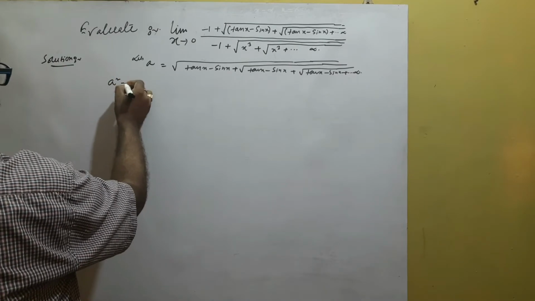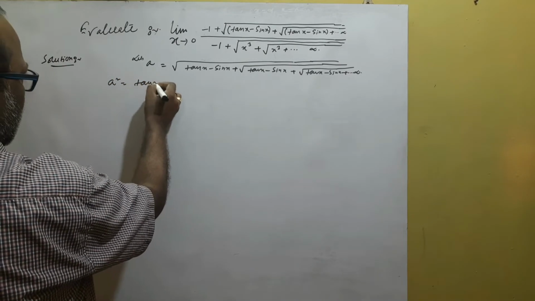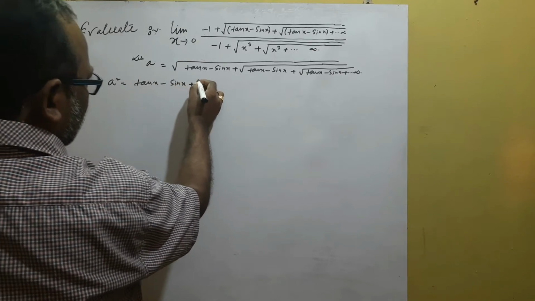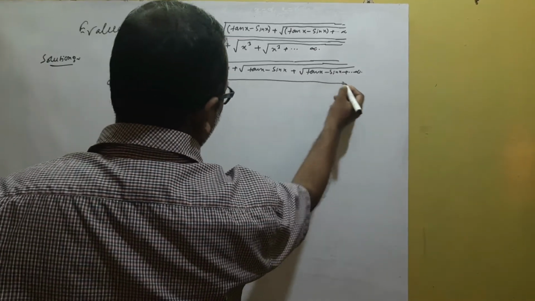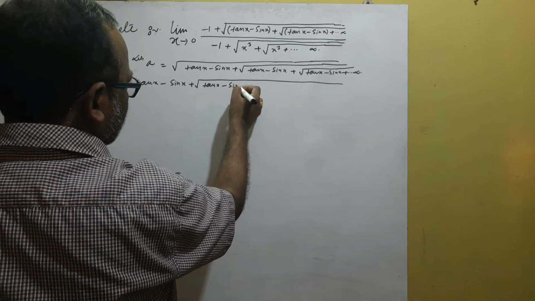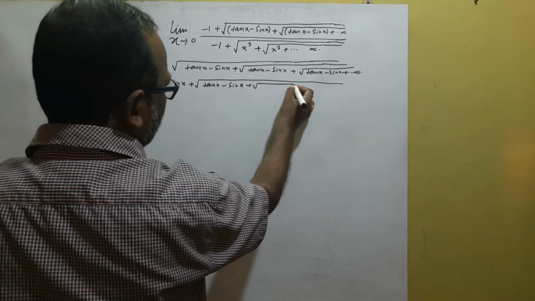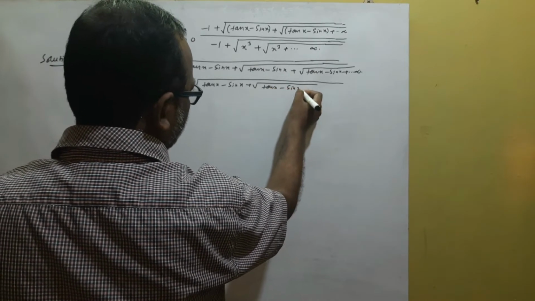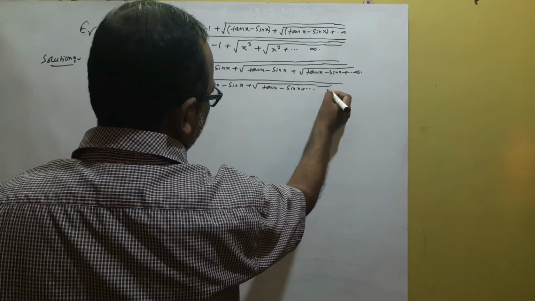So a square is equal to tan x minus sin x plus under root of tan x minus sin x plus under root of tan x minus sin x plus ... to infinity.